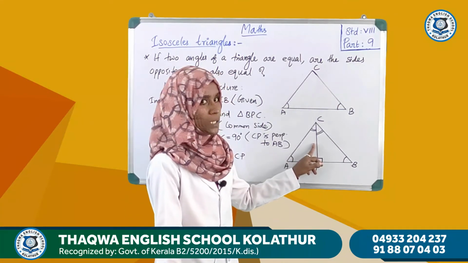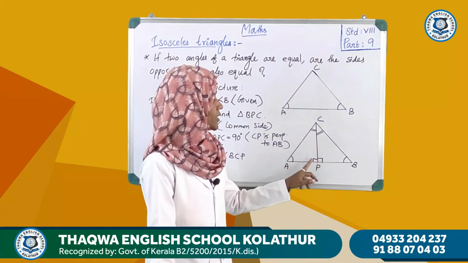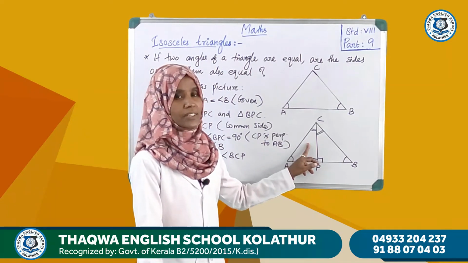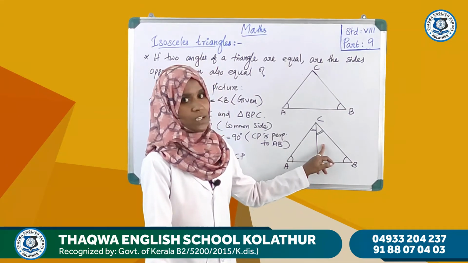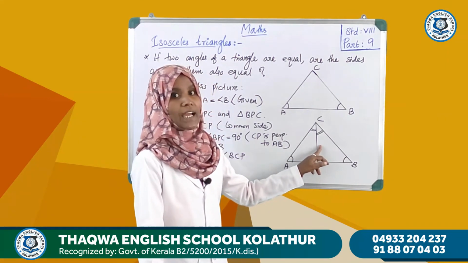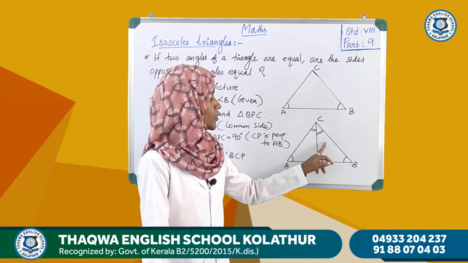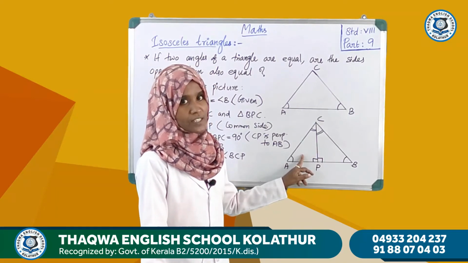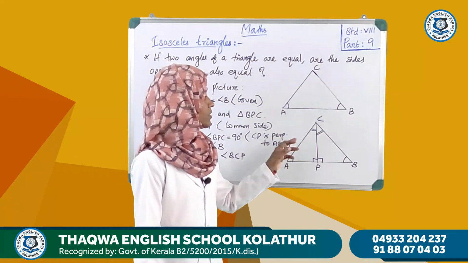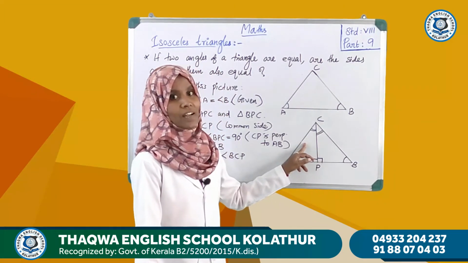Now listen. The side CP and the angles at its ends are equal in triangle APC and triangle BPC. That is, one side and the angles at its ends are equal in both triangles. So we can say that the other two sides are also equal.